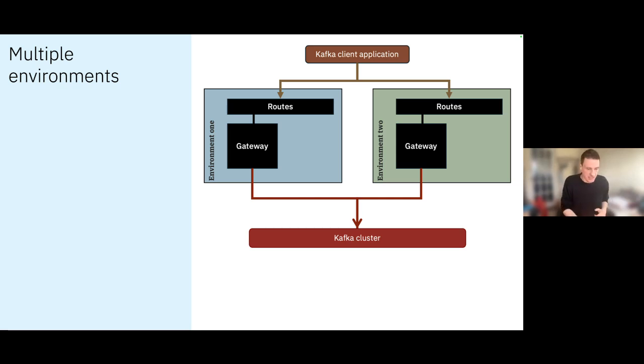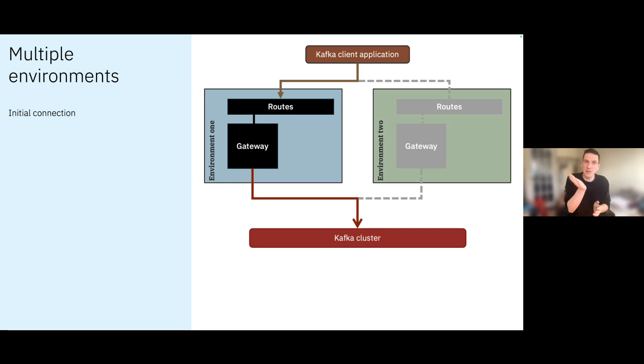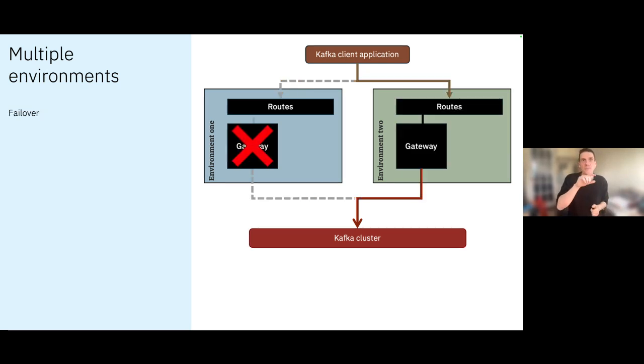The way this would work is the application would first connect to the first environment and be routed through the gateway with all the stuff the gateway can do, like redaction and schema enforcement and all the sort of amazing things the gateway can do to harden your backend Kafka service, and it gets routed through to Kafka. But if anything happens to that gateway, the application will switch to the next environment in its list and then still be routed through to that same Kafka cluster.